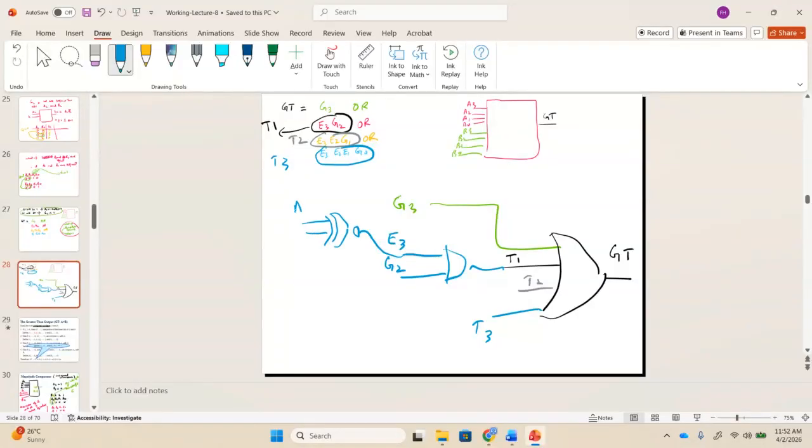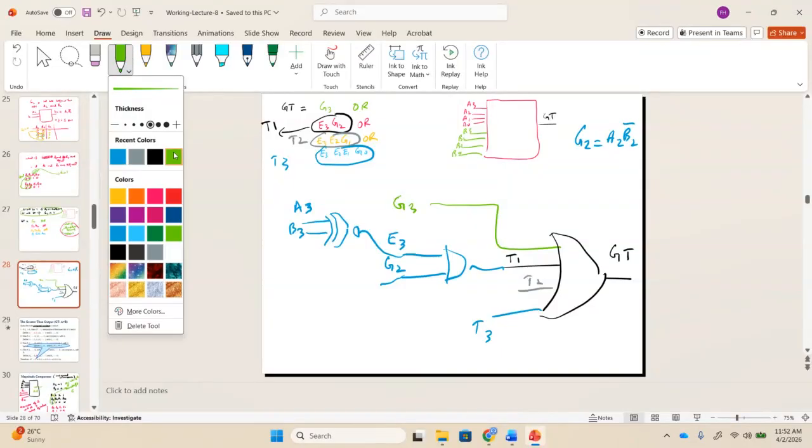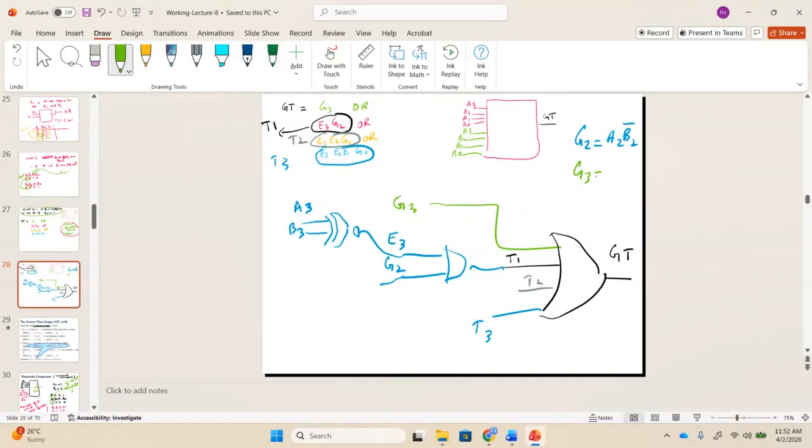E3 is A3 and B3. And what is G2? G2 is A2, B2 bar. What is now G3? G3 is now A3 and B3 bar.